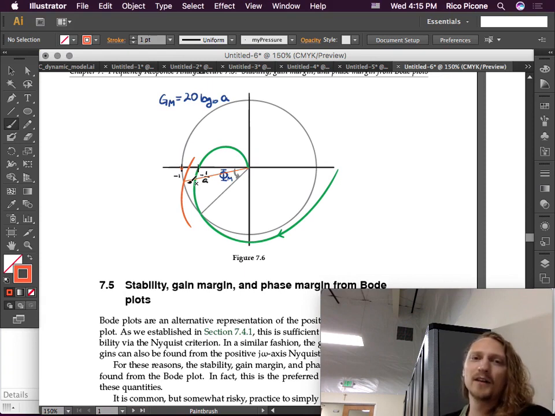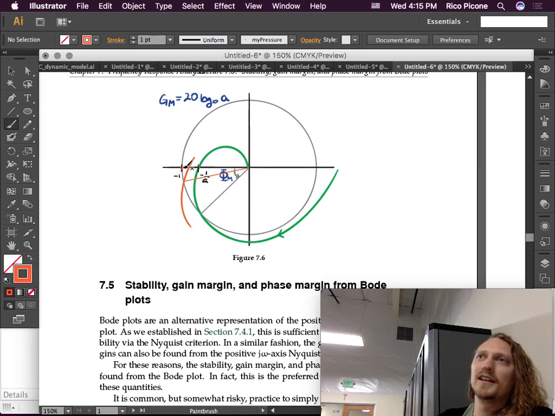The phase also changes. The phase margin is going to decrease as you increase the gain, but not in that nice linear fashion. It's very nonlinear in a lot of cases. So it doesn't have quite that same tight relationship to the gain, but it is related. And if you hit that critical gain, your phase margin will be 0.